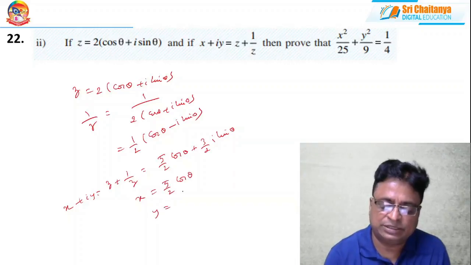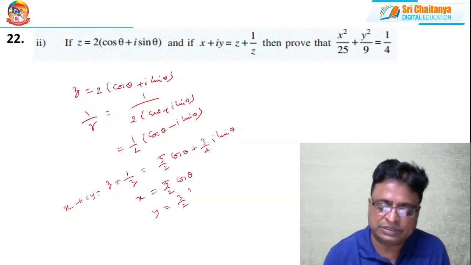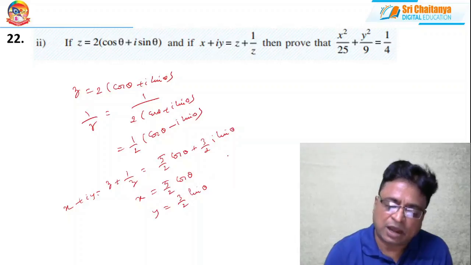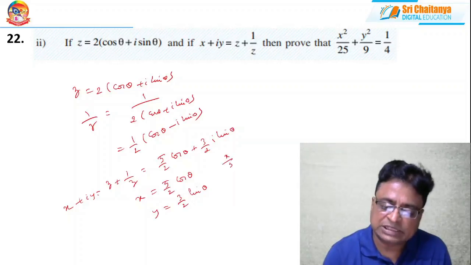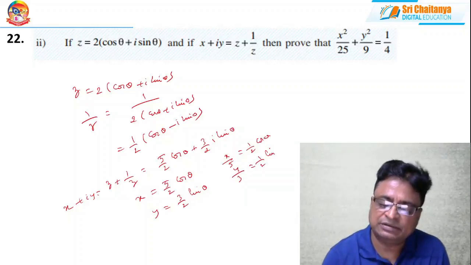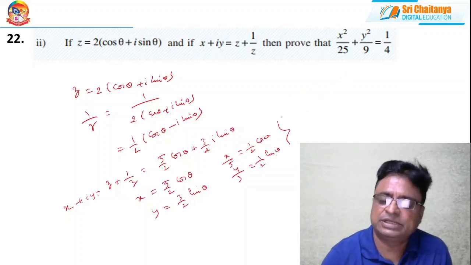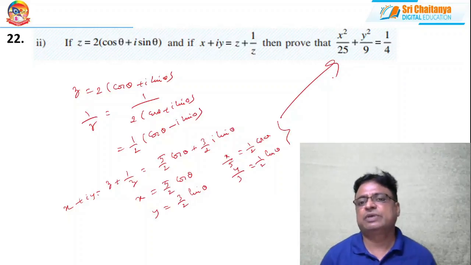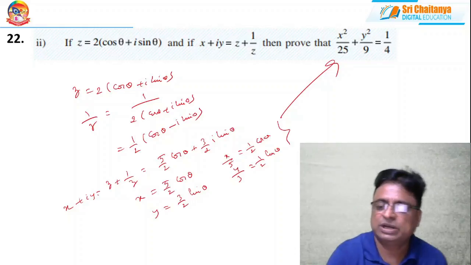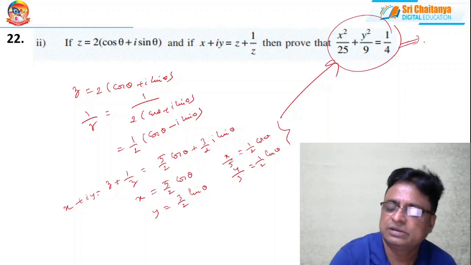My y is what? 3 by 2 sin theta. Squaring and adding. Or do one thing. x by 5 is equal to half cos theta. y by 3 is equal to half sin theta. Eliminate theta, you'll get this answer. x square by 25 plus y square by 9 equals 1 by 4.